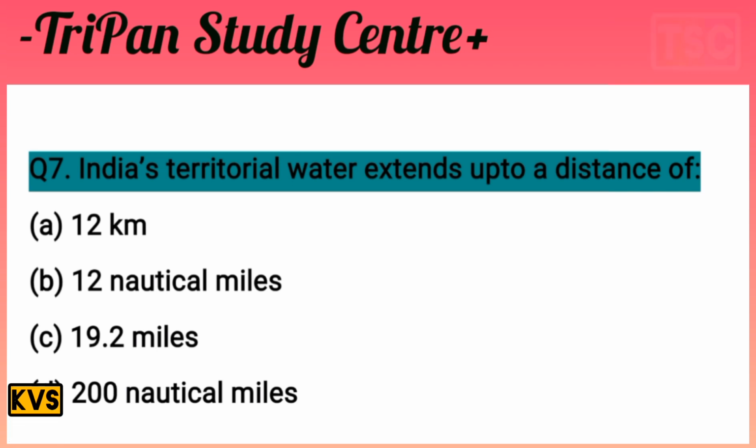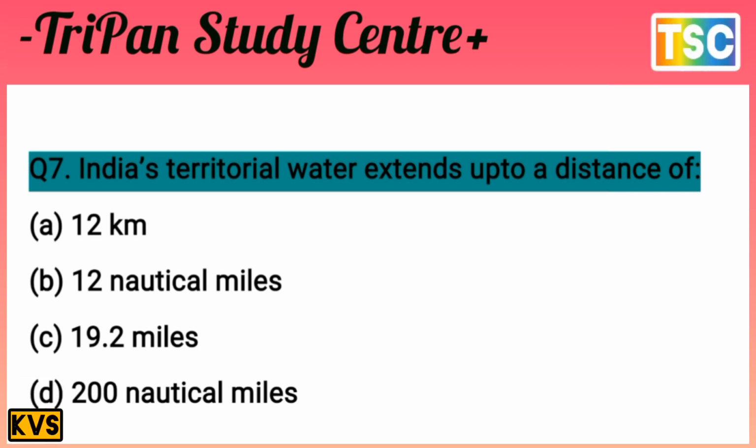First A, 12 kilometers, eliminated, and C, 19.2 miles. Two answers are important here: 200 nautical miles, and B, 12 nautical miles. The answer is B, 12 nautical mile. That's the important answer here.